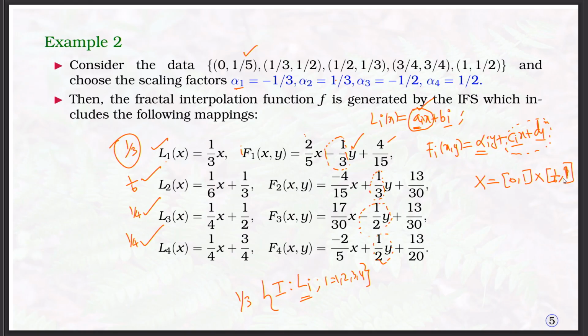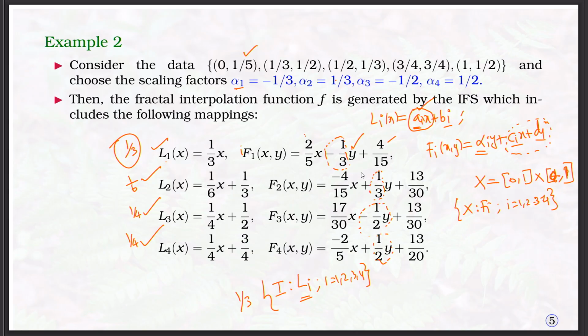For a we can take any value, and b any value greater than the maximum; maybe we can take 0 comma 1, without loss of generality. Fine. Now, here x with this F_i for i equal to 1 to 4 forms the iterated function system.